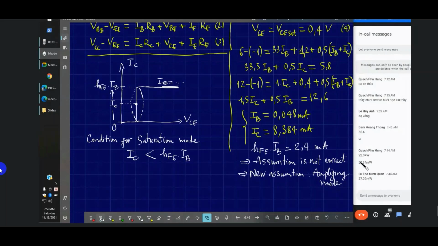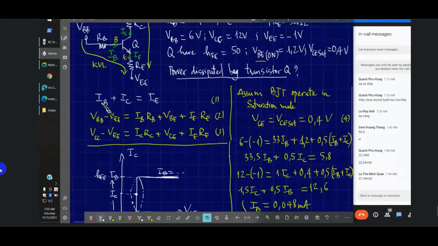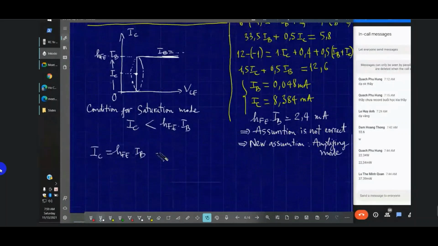Okay, amplified mode. If we have amplified mode, we will have IC equal to HFE multiplied with IB, right? We got this one, and we have to do it again from here. All right, so IE is IB plus IC, right?